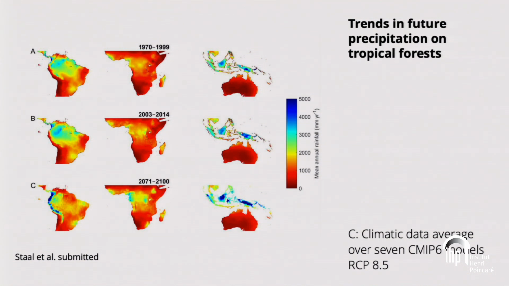These are more or less the trends in precipitation increase from the IPCC CMIP6 results. What you can see is that the Amazon is getting drier, the Congo Basin is getting wetter, and Southwest Asia is also getting a little bit wetter, but not that extreme. These are the trends you can derive from the CMIP6 archive.